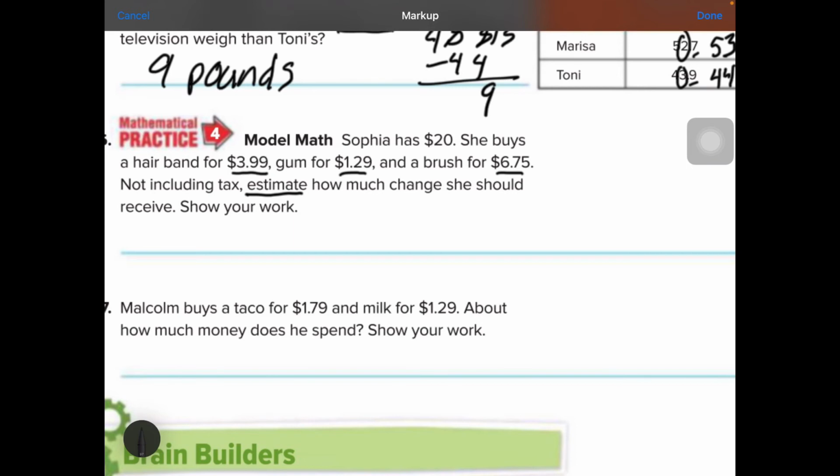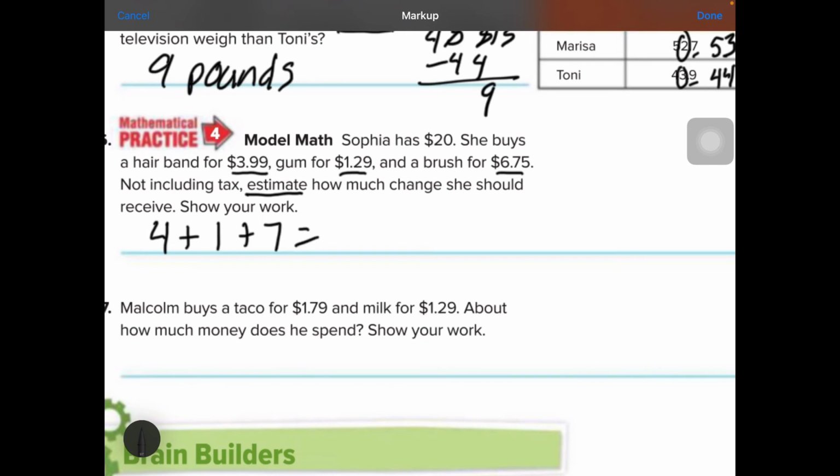Okay, so $3.99 is really close to $4. Okay, $1.29, if I were to estimate it, is closer to $1 than it is to $2. And a hairbrush, $6.75, that's closer to $7 than it is to $6.